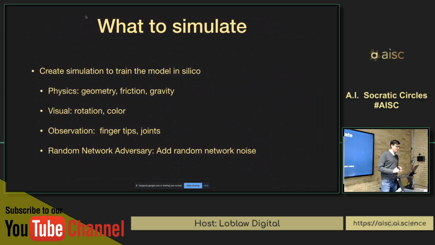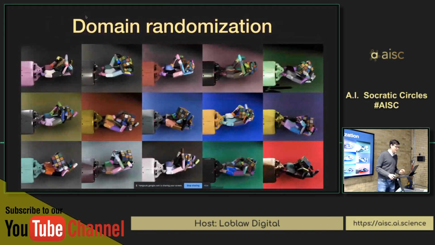And they also have something called random network adversary, which means they just add some random network noise. So one time you pass the action, it is just some random network noise action. And classical domain randomization is you have some fixed schedule or some fixed rules, and it will apply to your images.